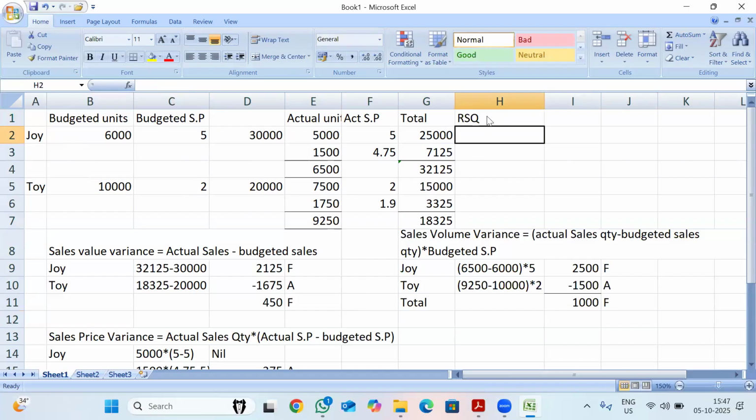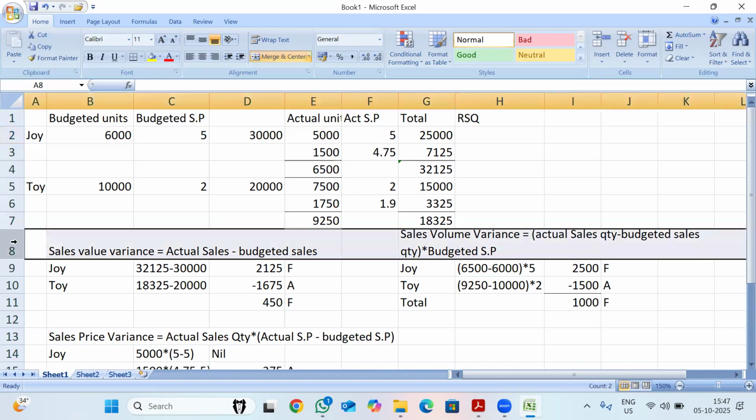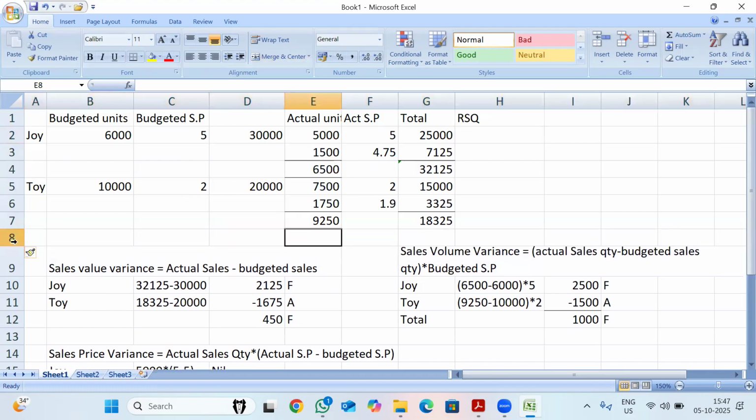So RSQ, how will we calculate it? That is total actual quantity divided by total budgeted quantity. So here my total actual quantity is 6,500 plus 9,250. This is my total for Joy and Toy together. That is 15,750.